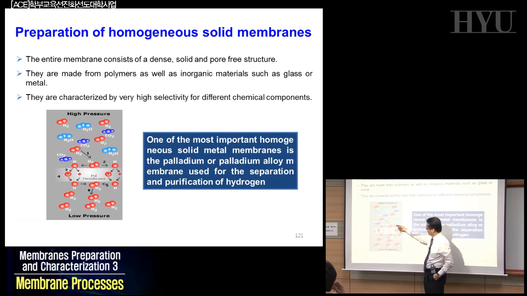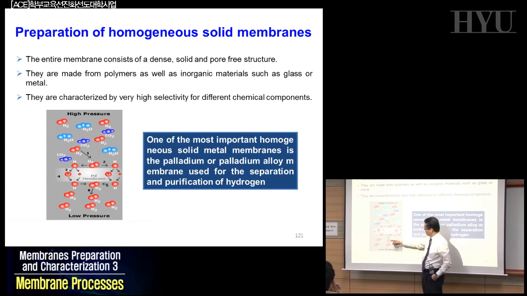Now, the mechanism of separation is that you have hydrogen, but hydrogen is dissociated into protons or ions, so that there is a diffusion through this palladium. But the thickness of the palladium should be as small as possible, because the thickness will act as a barrier for your transport. So it should be as thin as possible.